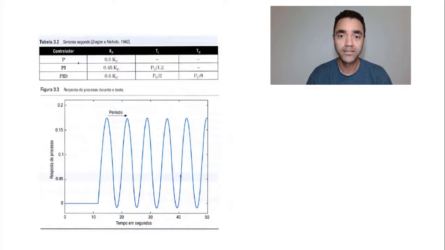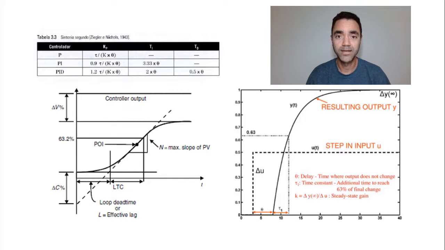Because of that, they developed a second approach to define the values for KP, TI, and TD. The second approach was based on an open loop. In this way, instead of using the ultimate gain and the ultimate period, the nomenclature now used would be the delay or dead time, time constant, and also the steady state gain.